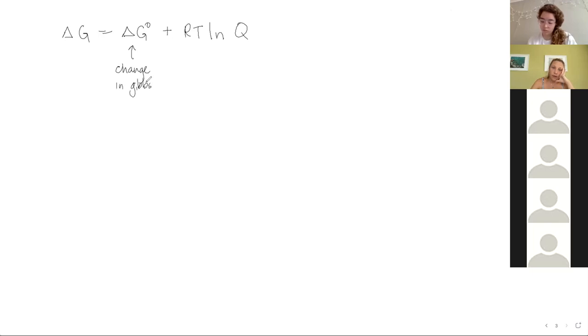This is our gas constant. This is our temperature in Kelvin. And this is the natural log of our reaction quotient. That should say natural, not naturat. Natural log of reaction quotient.